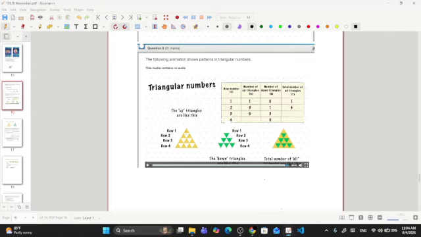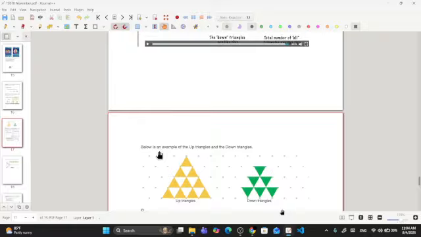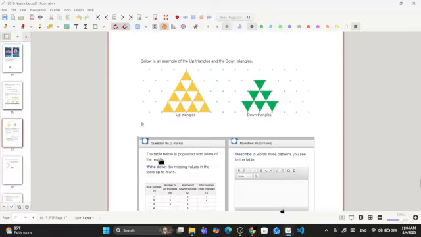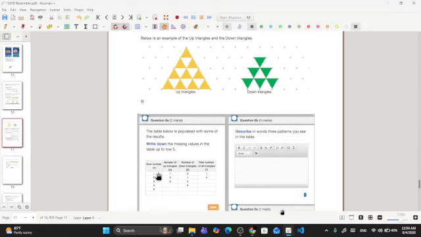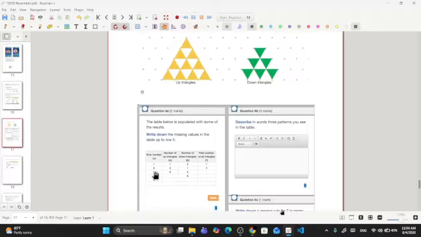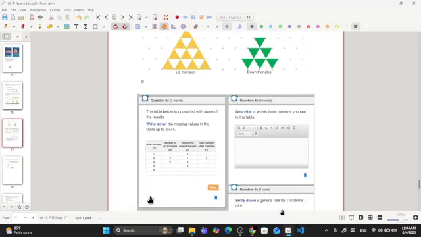So this is basically what the animations are showing us. Below is an example of the up triangles and the down triangles. The table below is populated with some of the results. Write down the missing values in the table up to row 5.